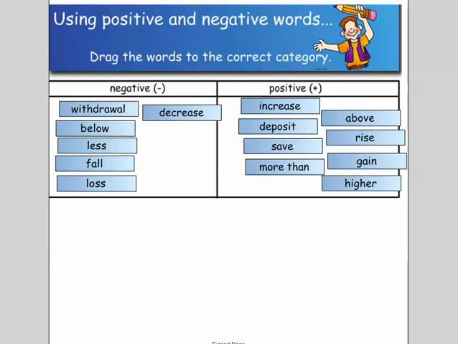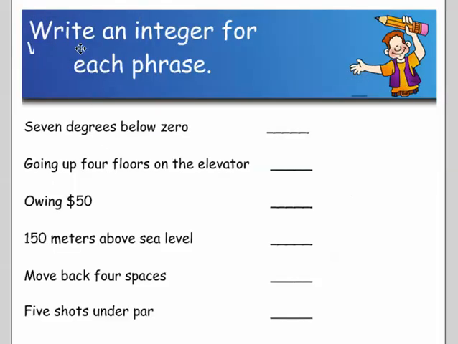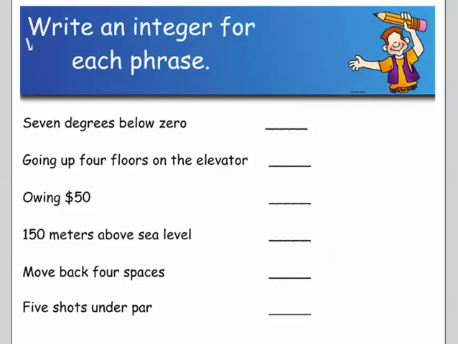Okay, so let's look at some situations here. We're going to write an integer for each phrase. If I say it's 7 degrees below 0, there's my key word there, below. Below was a negative, so it is -7. Going up, 4 up means a positive, so that is +4.